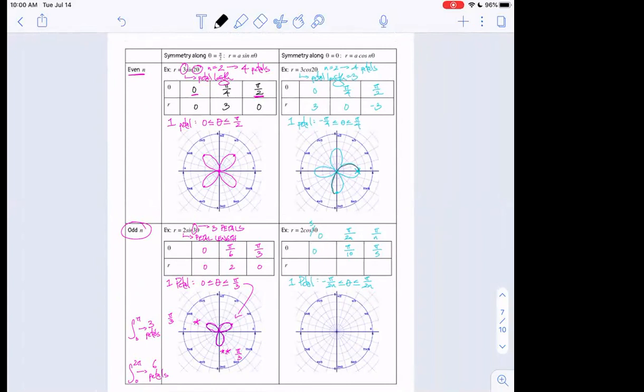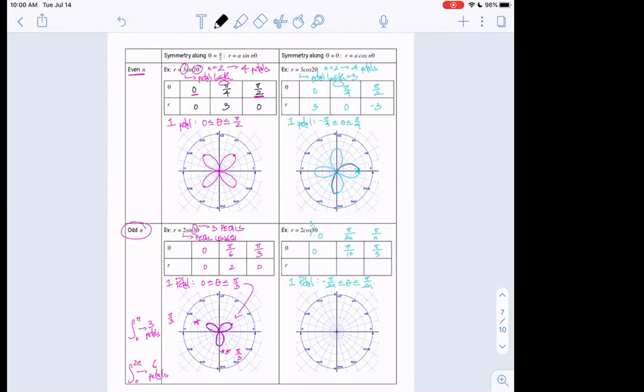So in those first 2 examples we saw, if I have a 2 theta, that means I have 4 petals. What happens if I have an 8 theta? How many petals do I have? 16. Yeah, if I have 8 as my n value, I'm going to have 16 petals.